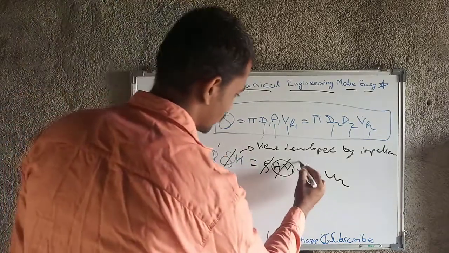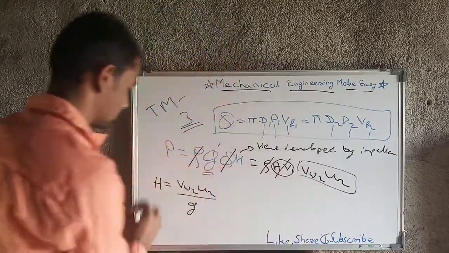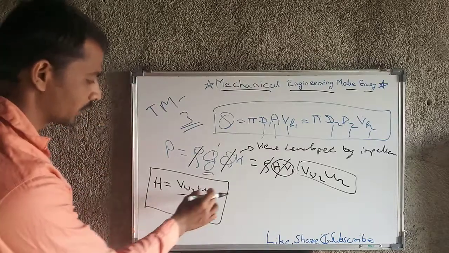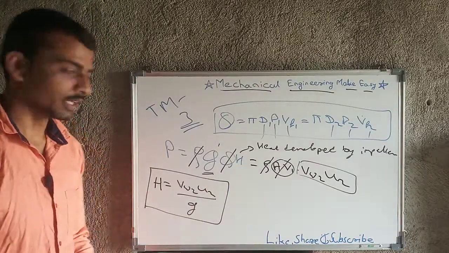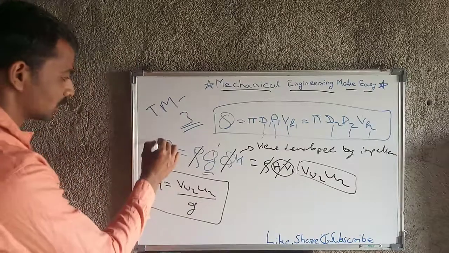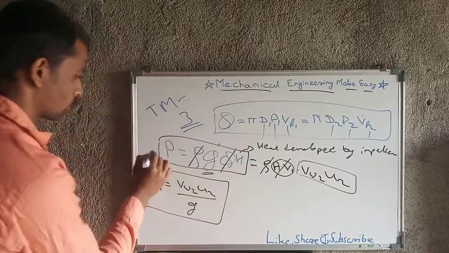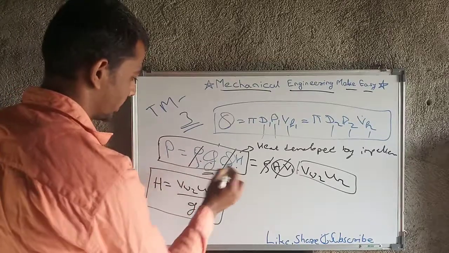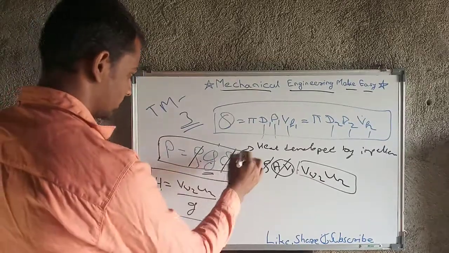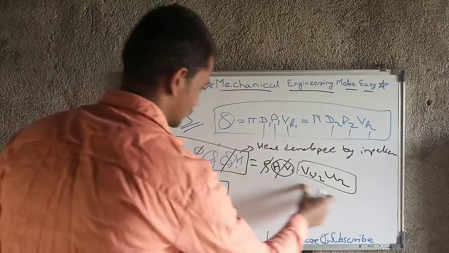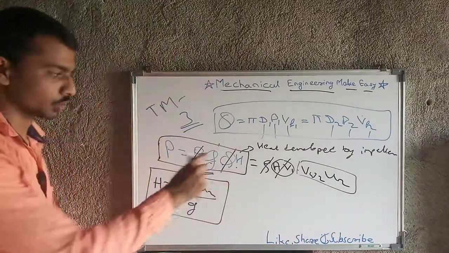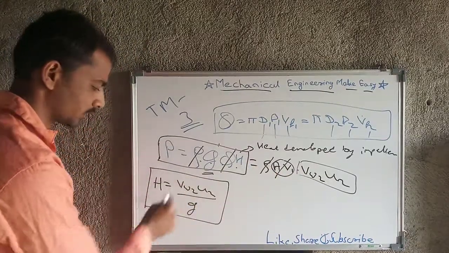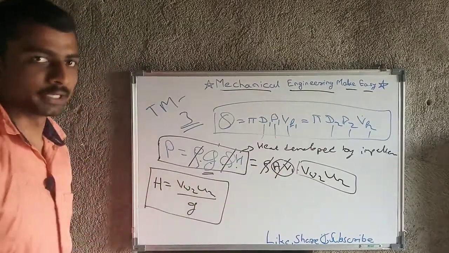So the head developed by impeller is H equal to Vw2 U2 upon g. This equation came from the universal power formula rho g Q H, which is the head developed by impeller, and this is work done. Both terms should be equal, and from that equality we got this equation.